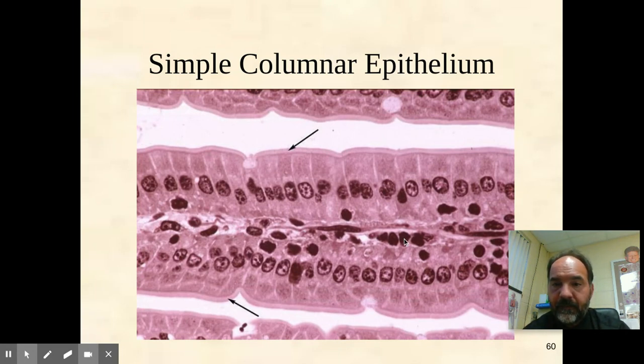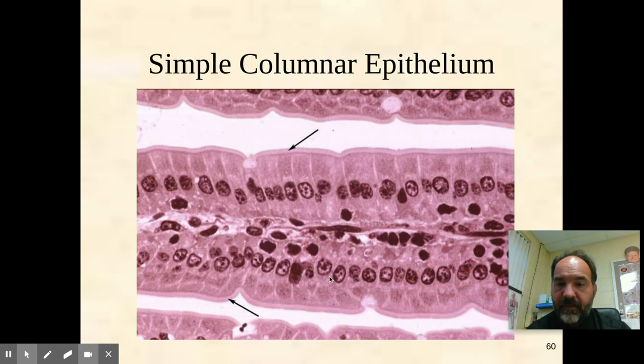Okay. And this is one of the little villi in your intestines. So intestines have all these villi projections into them that increase the absorptive surface area of the intestine. Okay. So we have tall columnar-shaped cells, nice round nuclei, pretty much right in the middle of the cell.